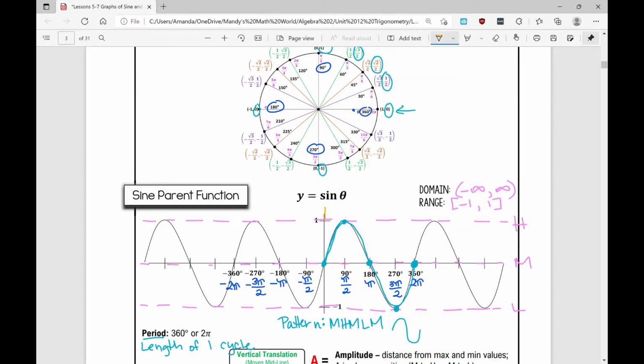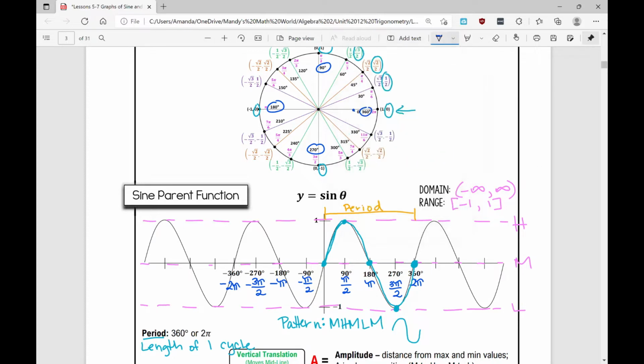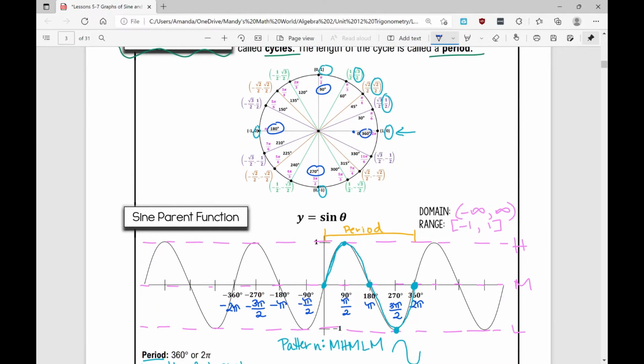So this right here, that's your period. It's the length of one cycle. Now, another thing that I want to point out is the distance from the midline to the high line. So this distance right here, what is that distance? It's one unit, right?